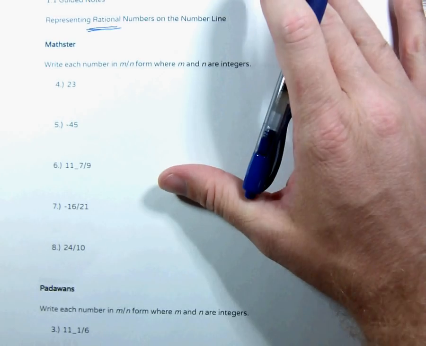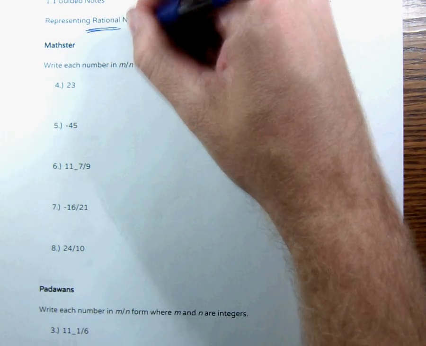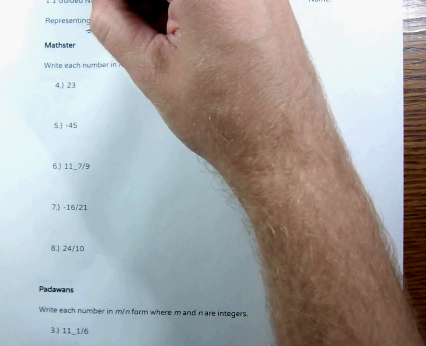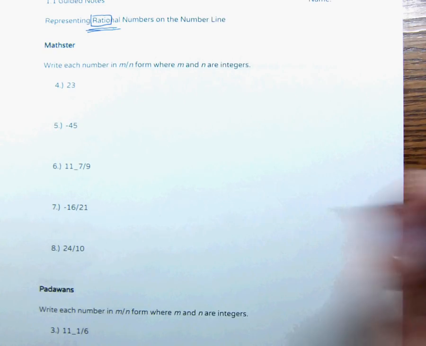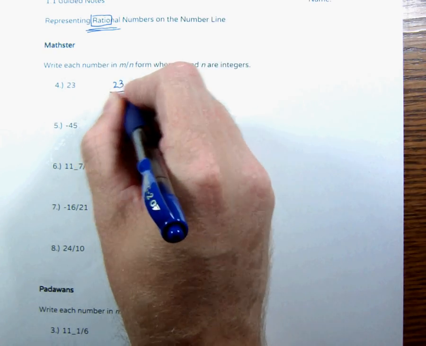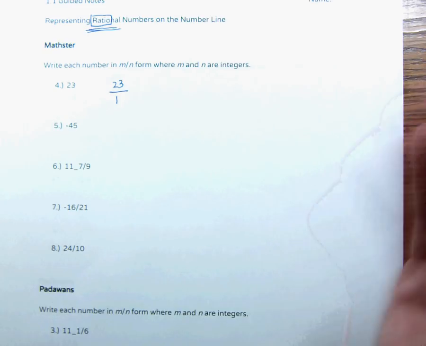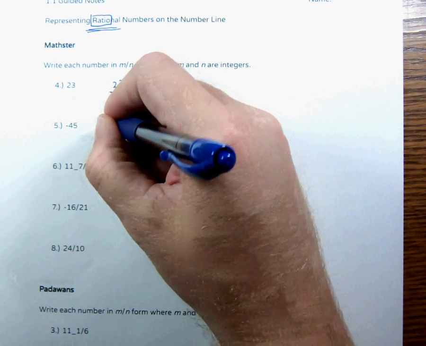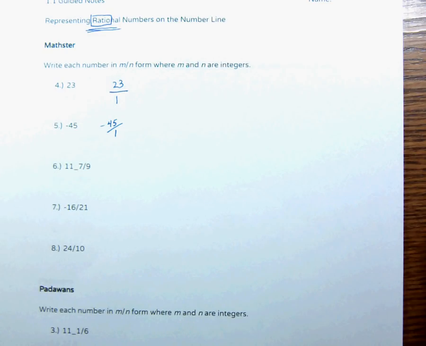The root word of rational is ratio. These are numbers that can be represented as ratios or fractions. So 23 as a fraction is 23 over 1. Any whole number, you just put it over 1. So negative 45 is negative 45 over 1.